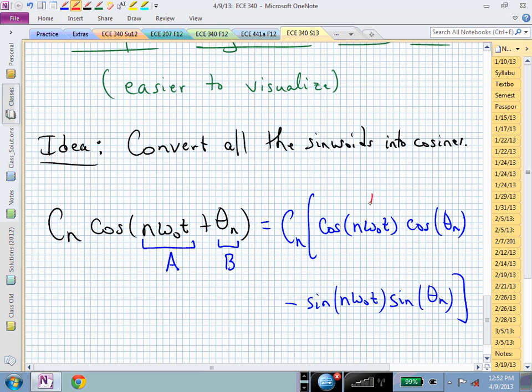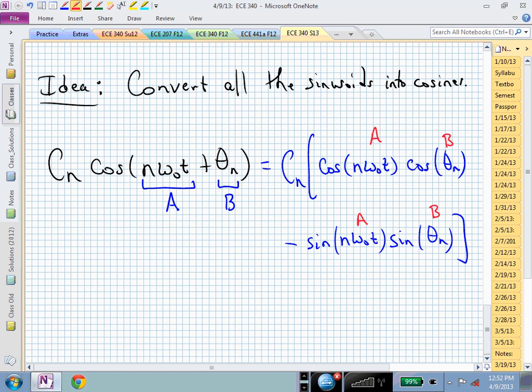Where this is now again our A, and this is our B in this sum of two angles formula. But theta sub n is just a fixed angle for a given n. If theta sub n is fixed, cosine of theta sub n is just a number. And that's a number that's scaling capital C sub n times this time variation cosine term or piece.